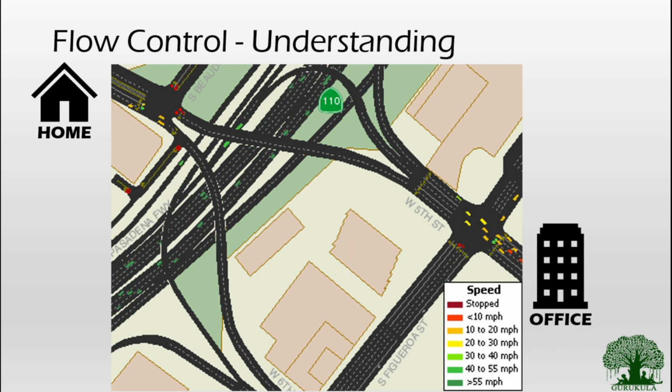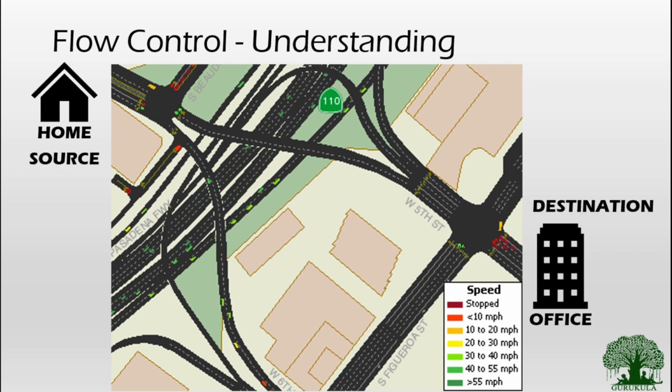The same scenario happens in the network as well. Let us consider that the home is my source and the office is my destination. Similarly, when two nodes on a network have to communicate, they will definitely be connected by many routes. A source and destination will have several routes through which the packets from the source node reach the destination node.